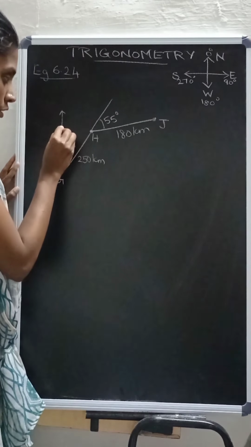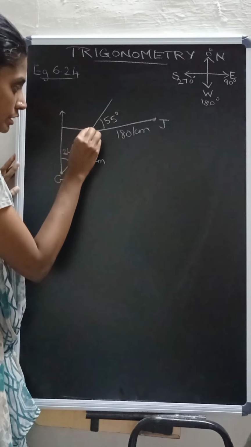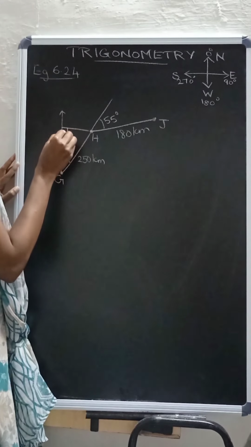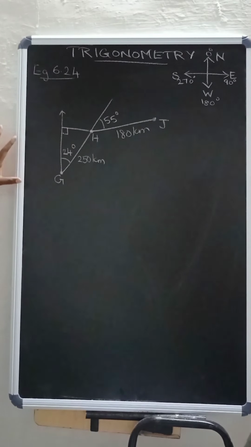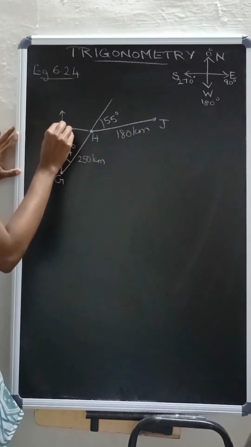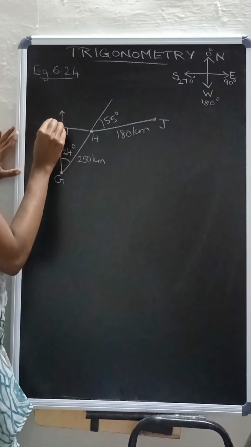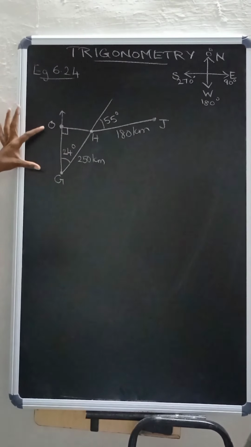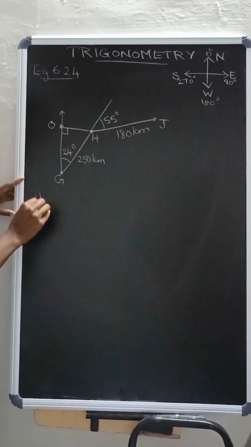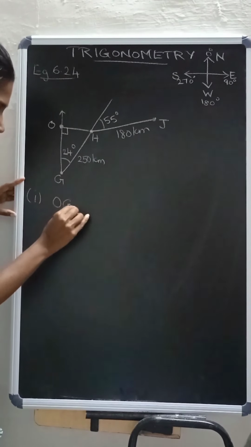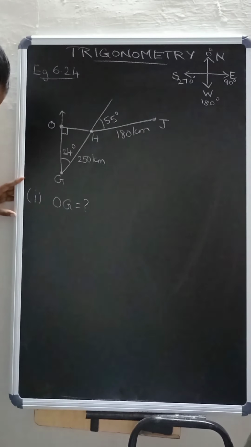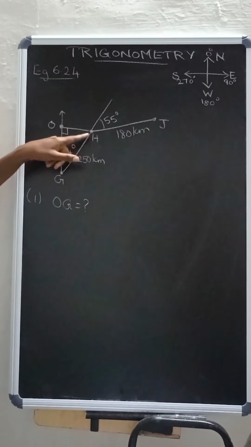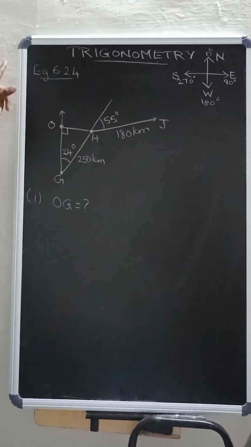Now, draw a line from here to H. Here you will get 90 degrees. Now we need to name this point as O. Now we need to find the distance OG. How far is H to the north of G?